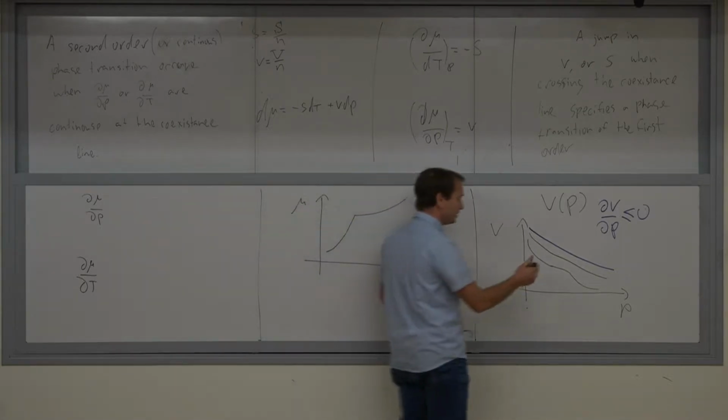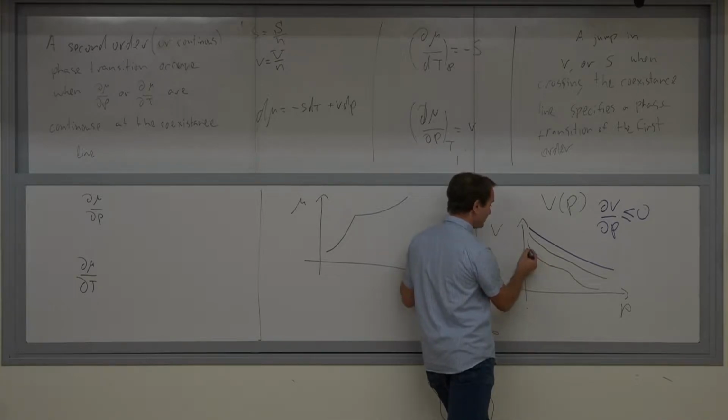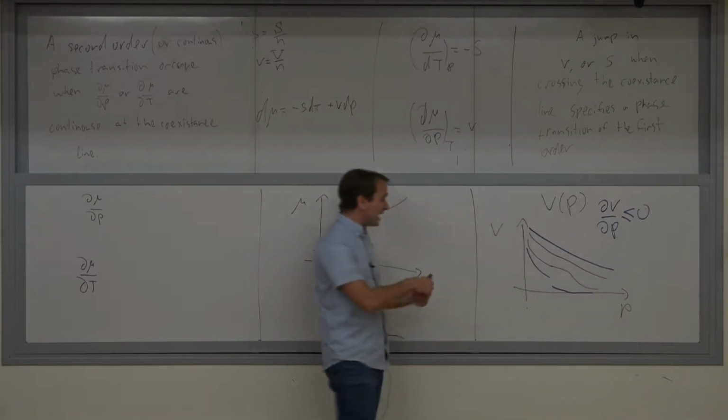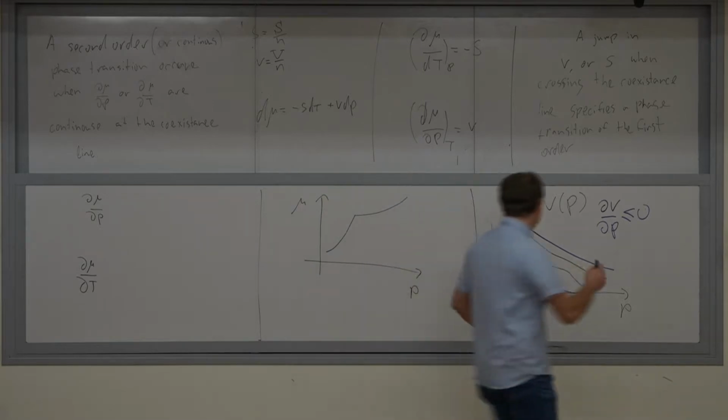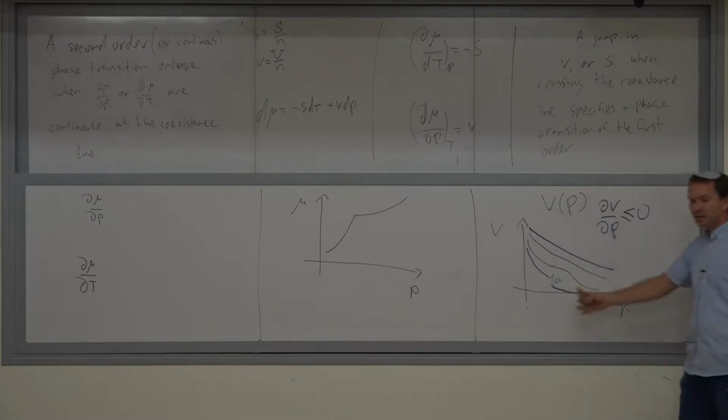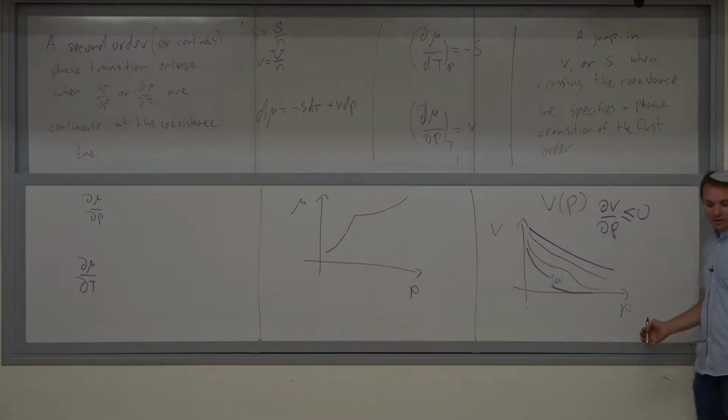And then I will have a V, and then again a different V. So I will see a jump delta V as I'm changing my P, right? This is what I expect.